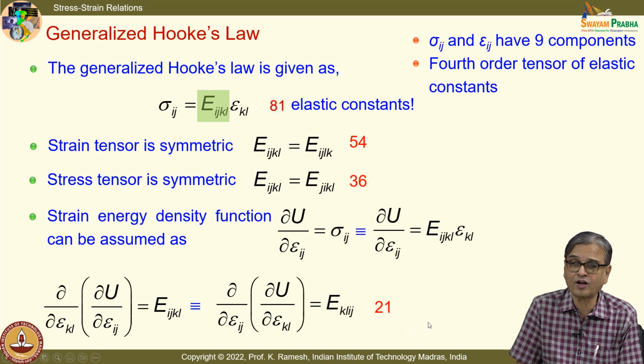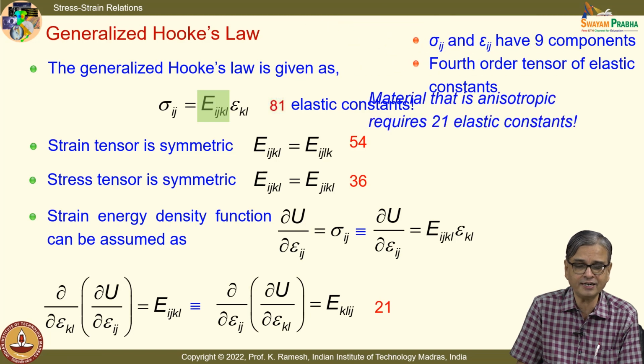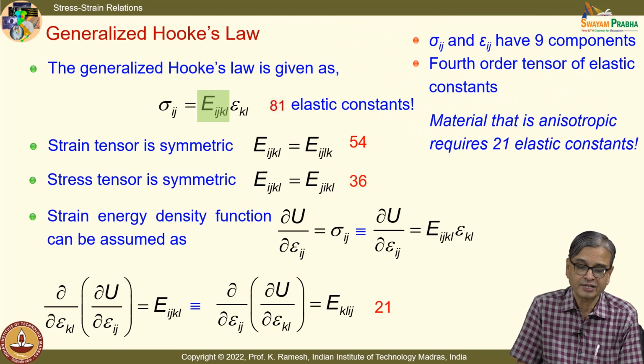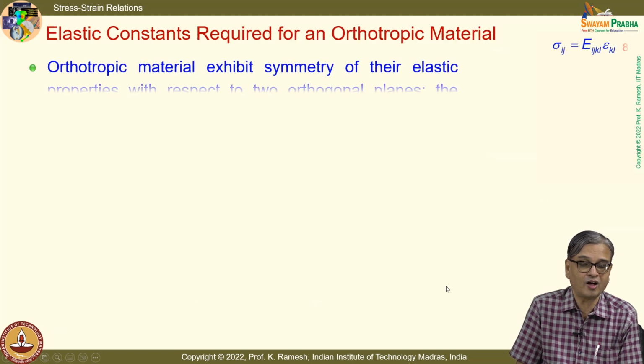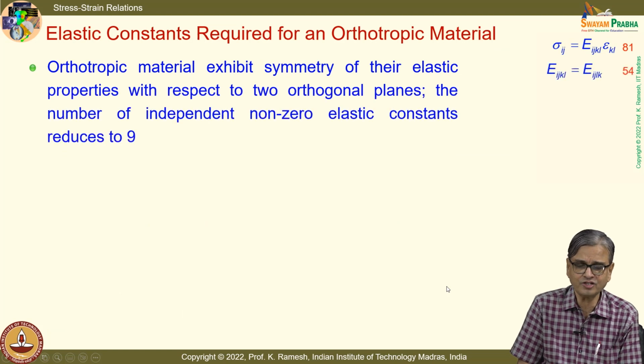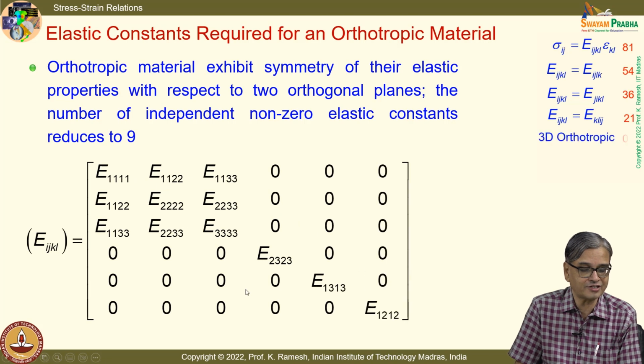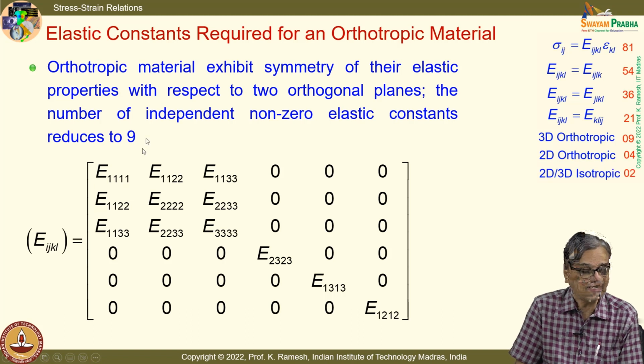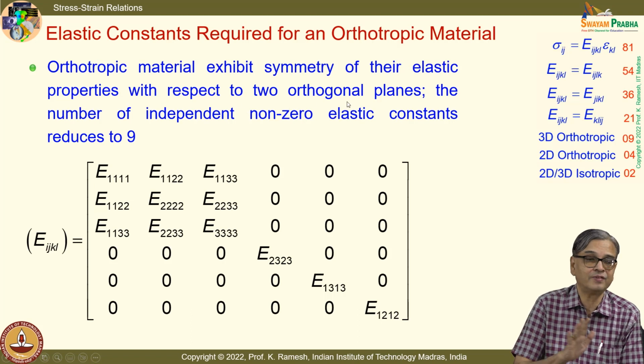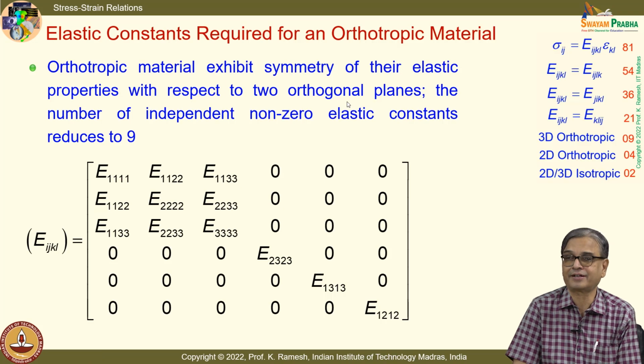Suppose I go to an orthotropic material, I will stop with that. So this emphasizes that an anisotropic material requires 21 elastic constants. When I go to an orthotropic material, just to give you an idea of what I have as the matrix here, for a 3-dimensional situation I will have fewer elastic constants, because it has 2 orthogonal planes in which properties are symmetric.